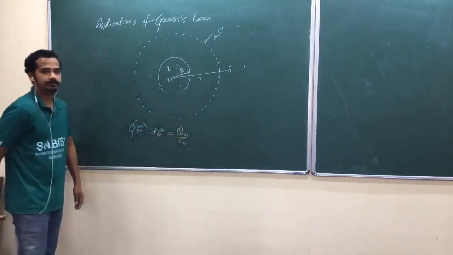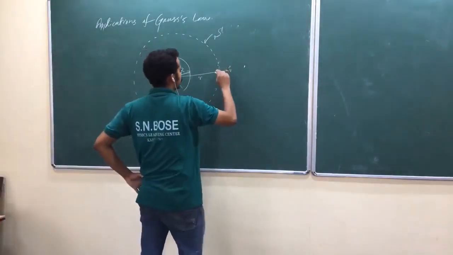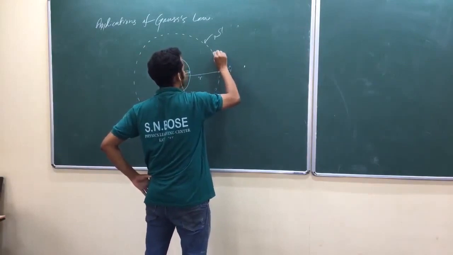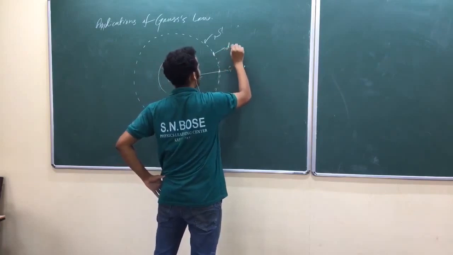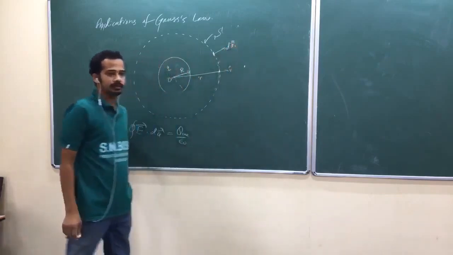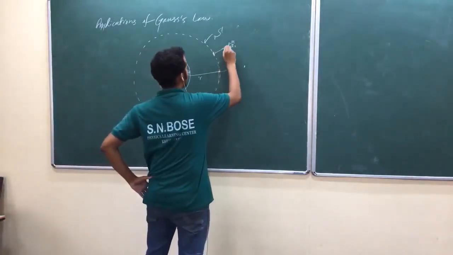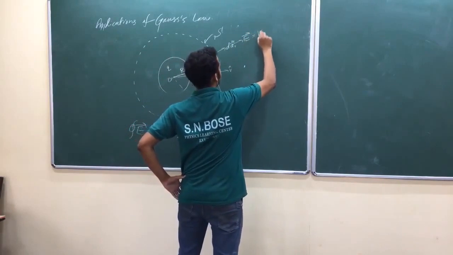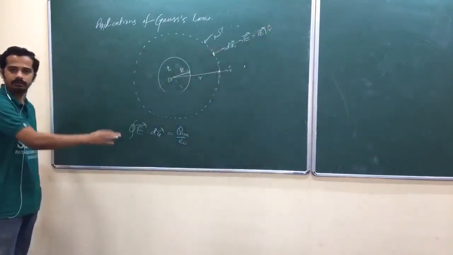Now look at here. If you take this closed surface, at any point your area vector is radially outward, isn't it? At any point, what is the electric field direction? So do it in pure coordinate geometry.